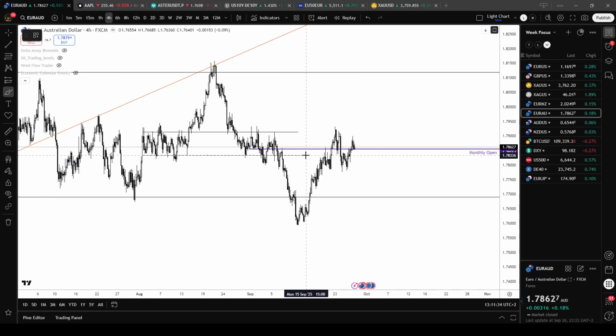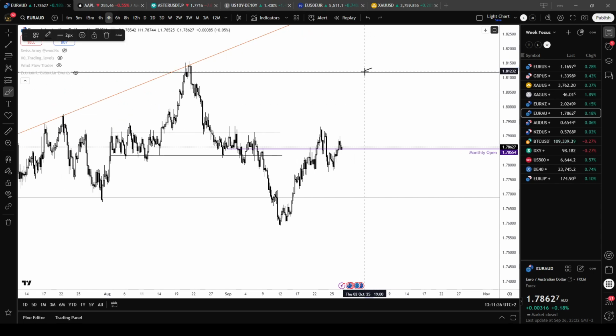I'm just waiting for price to come either here or here. I think that if price comes into this low, you have a good long into the monthly open. But I'm not too sure about price trading back into this zone, 181.